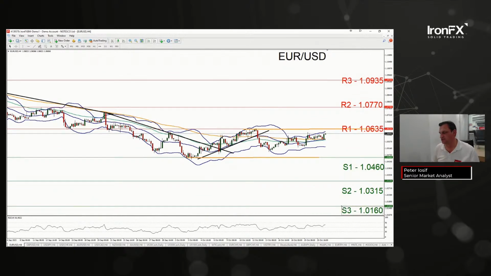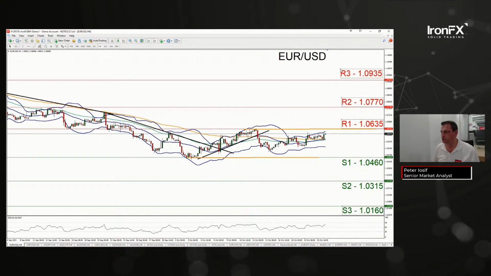Definitely, as long as the pair remains between the R1 and the S1, we tend to maintain a bias for a sideways motion to continue, given that for any change in the direction outlook of the pair, we would require a clear break of either the upper or lower boundary.